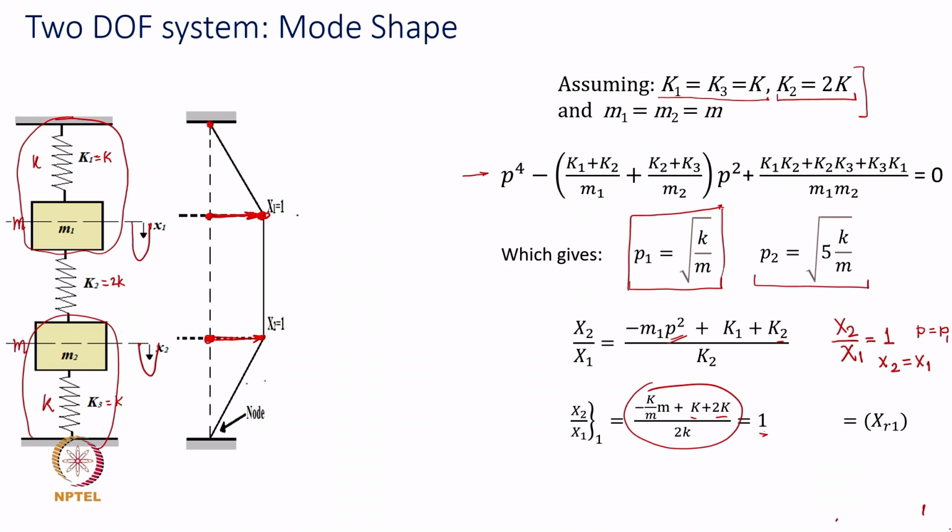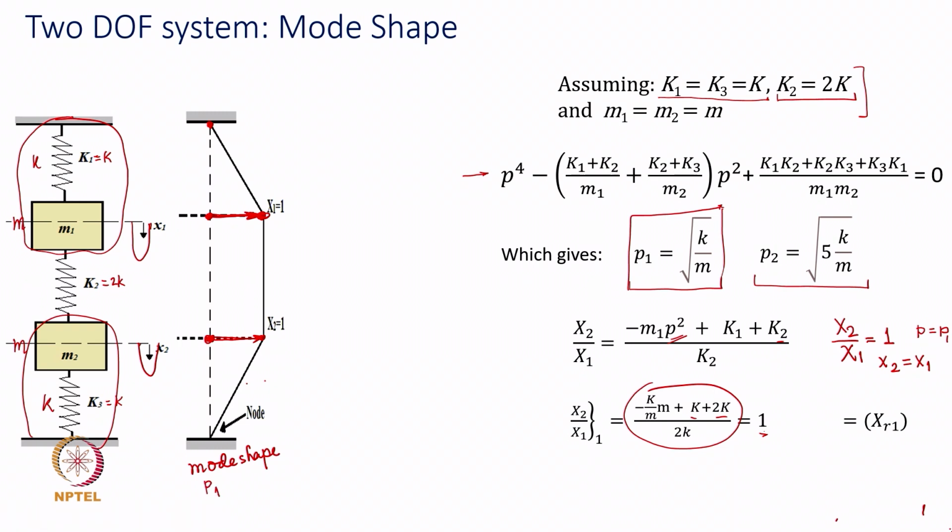So, this is +1 and this is also +1, and that gives me the relative displacement of the two masses m1 and m2 when the masses are moving at the fundamental or first natural frequency p1. So, this is the mode shape, okay, corresponding to the first natural frequency.